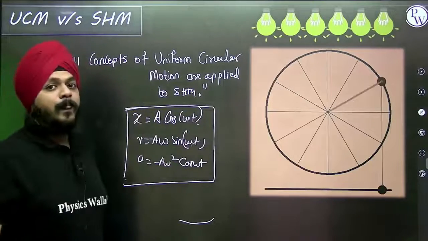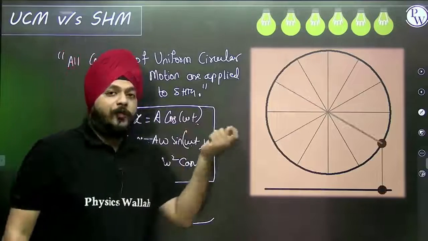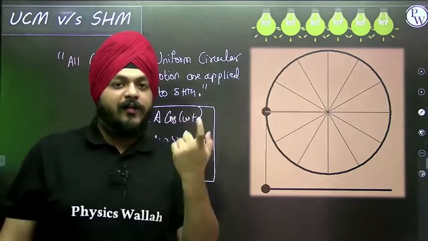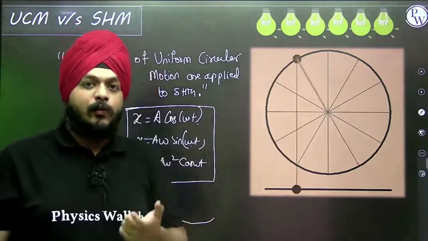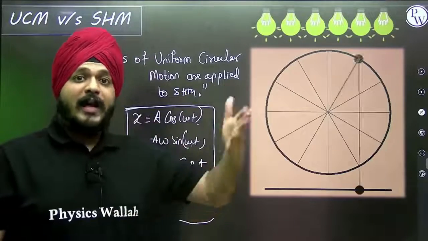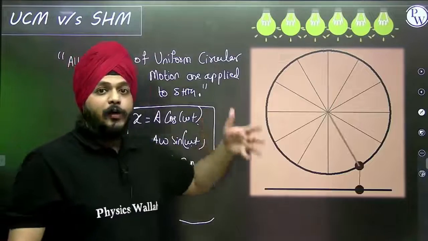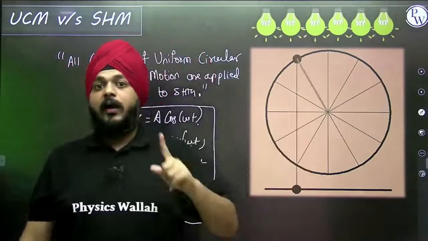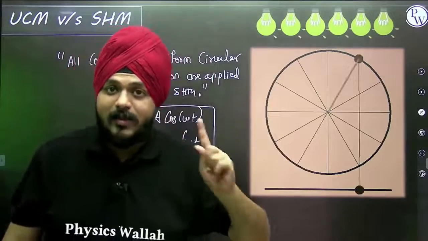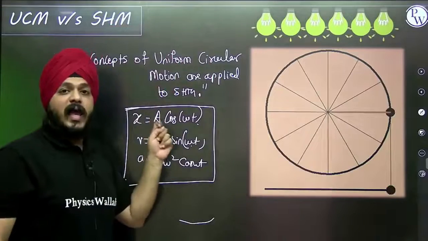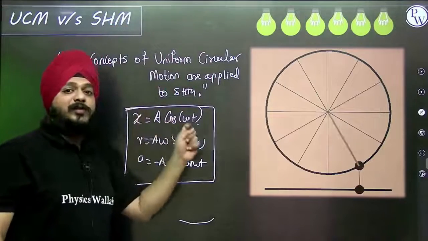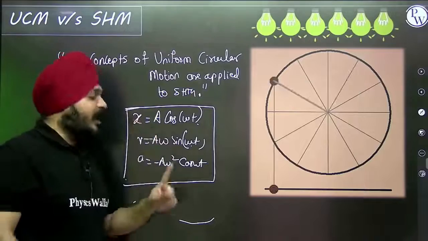As I said, the value of cos varies between -1 and 1. The value of sine varies from -1 to 1, right? SHM is a kind of to and fro motion, as I told in the previous part of this session.